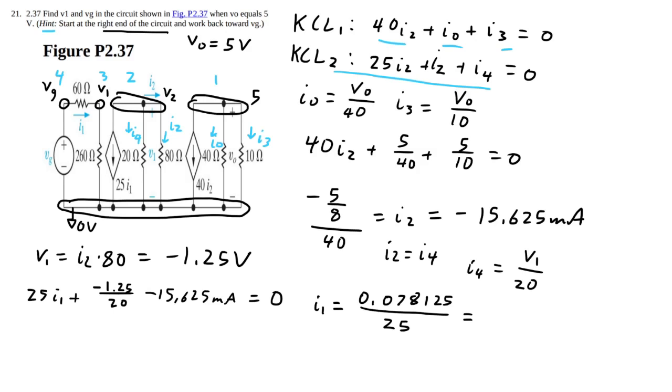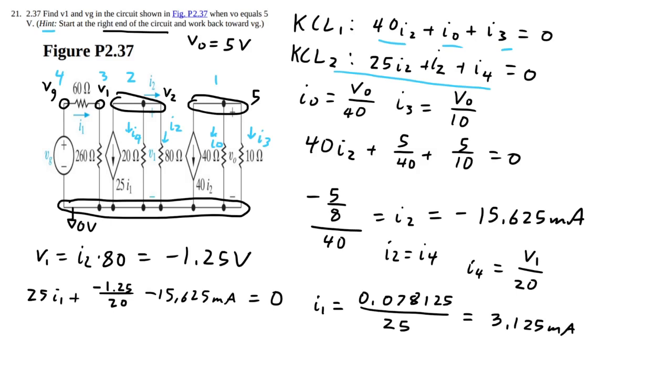Okay, so I1 is 3.125 milliamps, or 0.003125 amps.